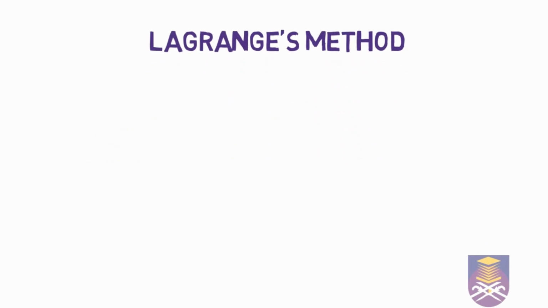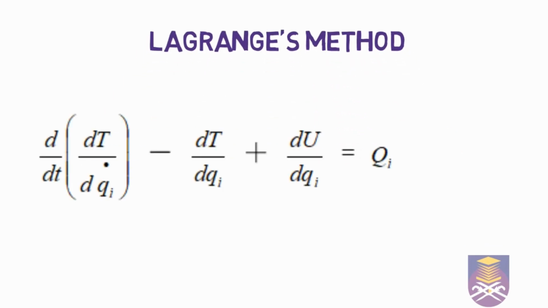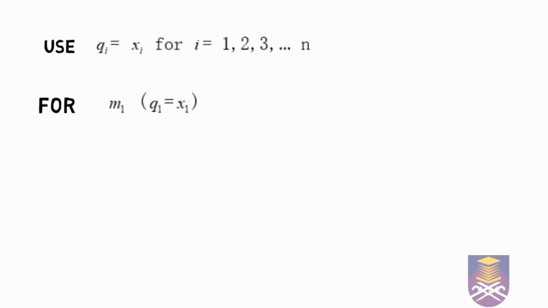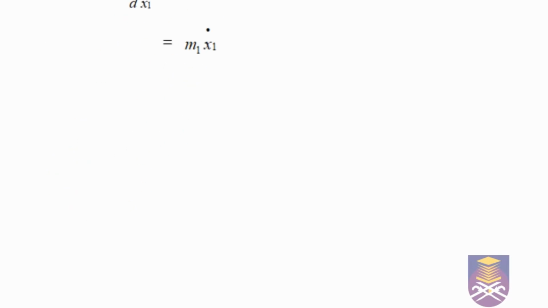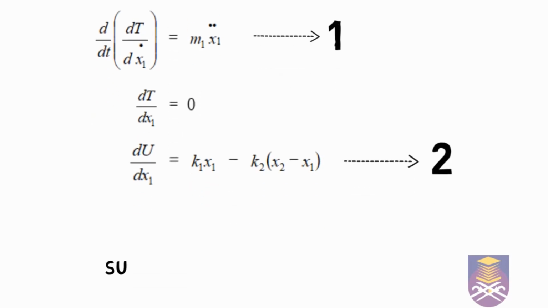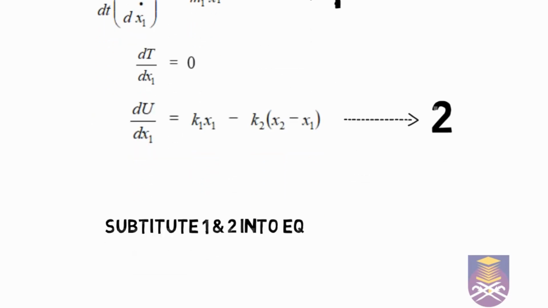For the Lagrange method, T is total kinetic energy, while U is total potential energy. Q is external force or damping force. Substitute 1 and 2 into the equation.